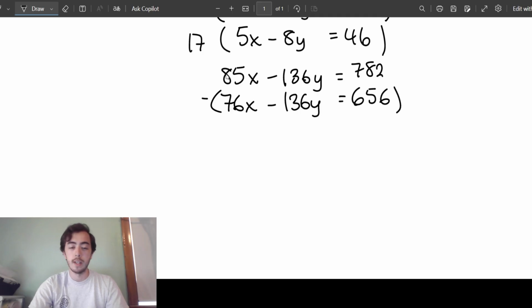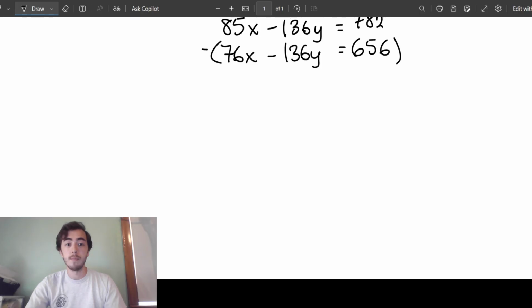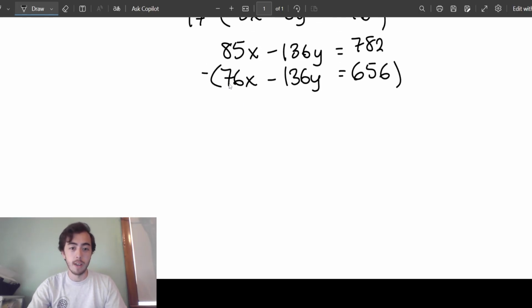Negative 136 minus another negative 136. You can think of these as like adding. Ultimately, my y's will cancel out, which is exactly what I wanted because I want to isolate just the x. 85 minus 76, that is 9. So we have 9x. These cancel out.